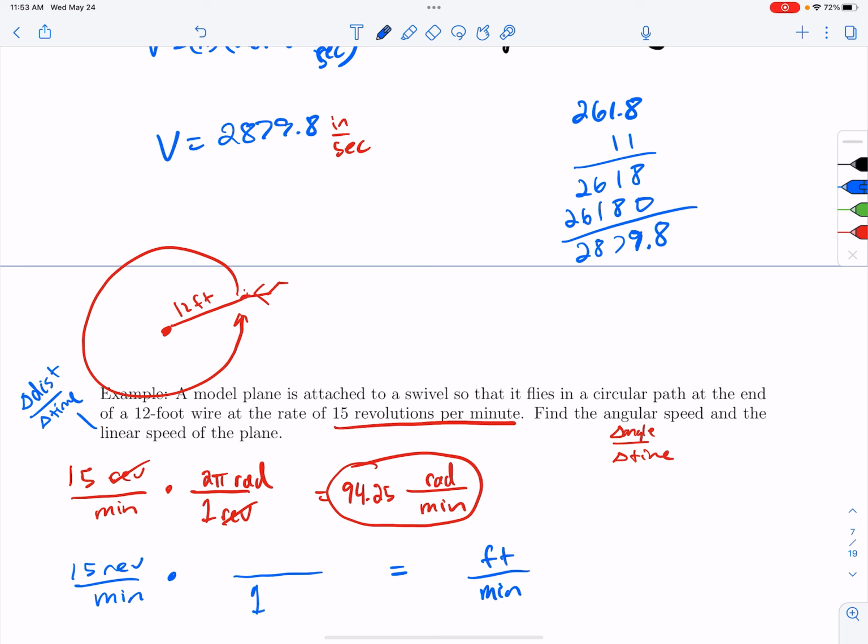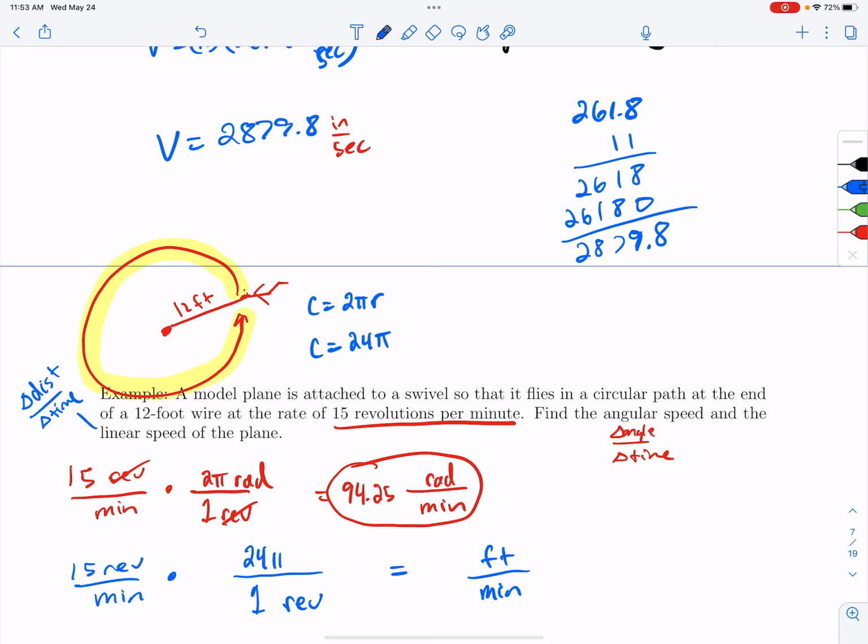So 1 revolution. Now the question is, what is the distance that this airplane has traveled after it's made 1 revolution? Well, that distance in a circular path is the circumference. The circumference is equal to 2 times pi times r, and the radius is 12, so this is 24 pi feet that this airplane has traveled.